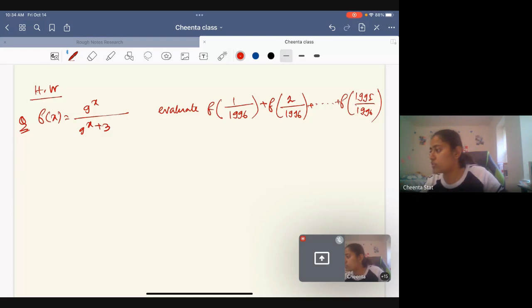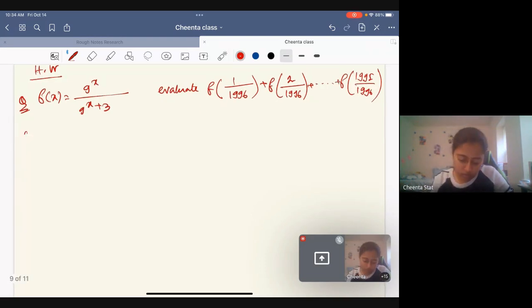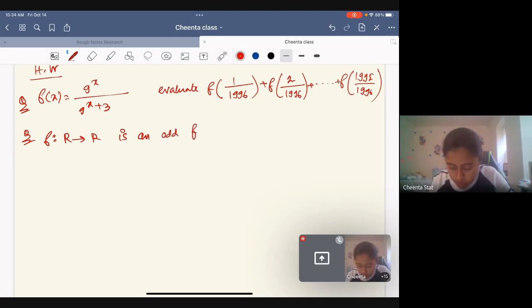And this function as well. I will add them to the problem sheet, okay? f from R to R is an odd function, okay?